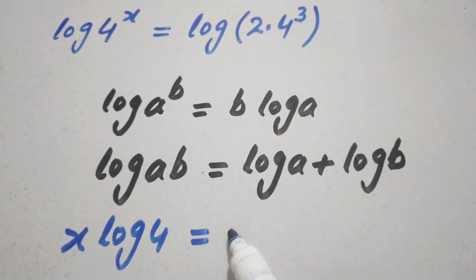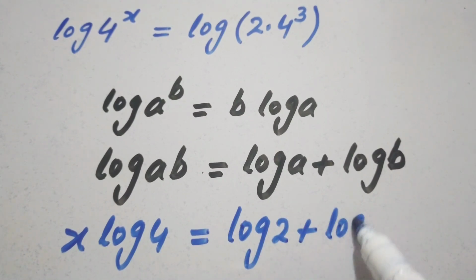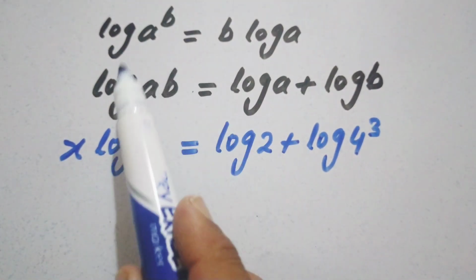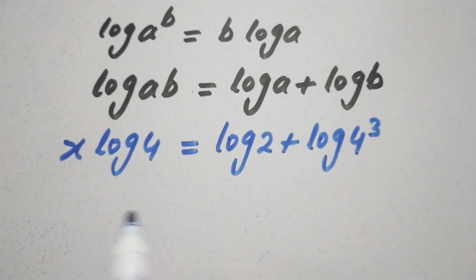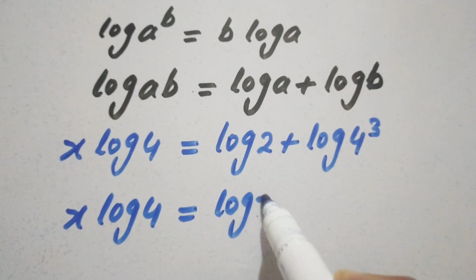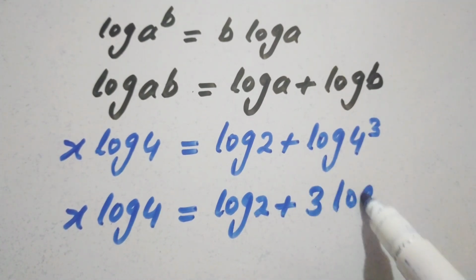So this will become log of 2 plus log of 4 cube. Again we apply the property of log of a to the power b here. So x log of 4 is equal to log of 2 plus 3 log of 4.